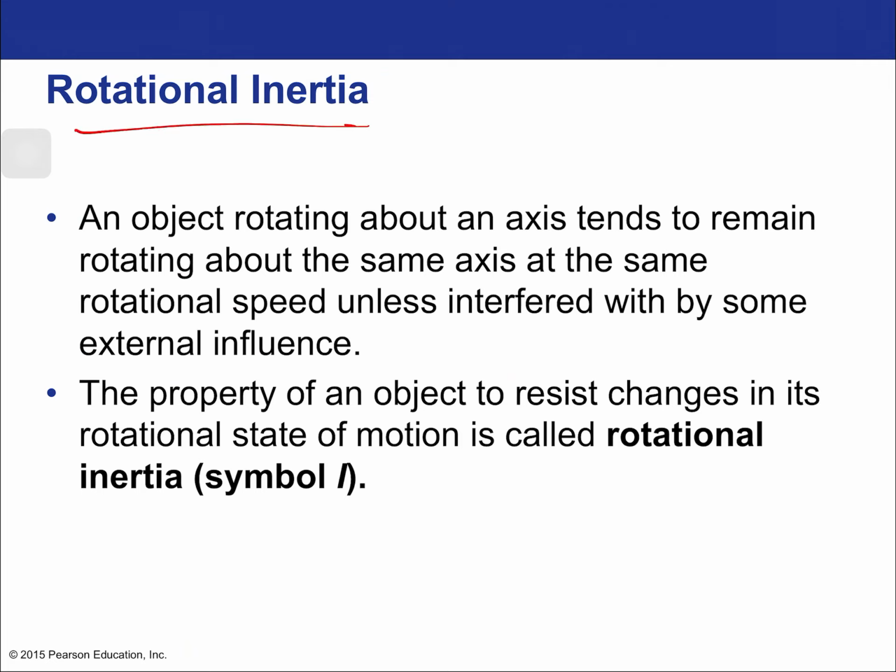What is it? An object rotating about an axis tends to remain rotating about the same axis at the same rotational speed unless interfered with by some external influence. That sounds a lot like Newton's first law, because it is. This is Newton's first law in rotation form.